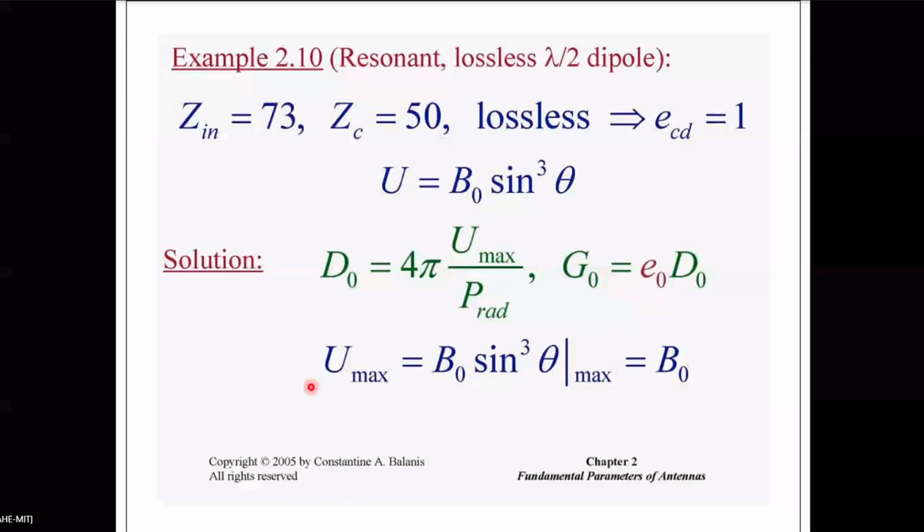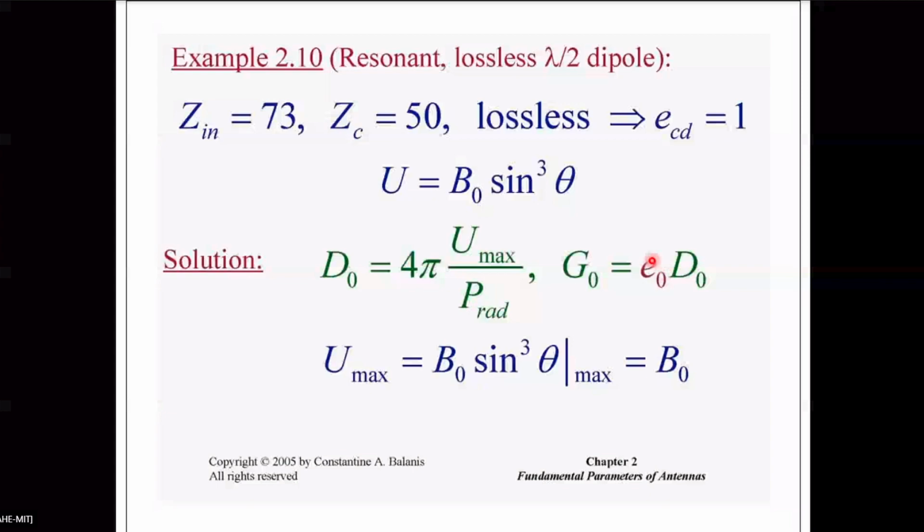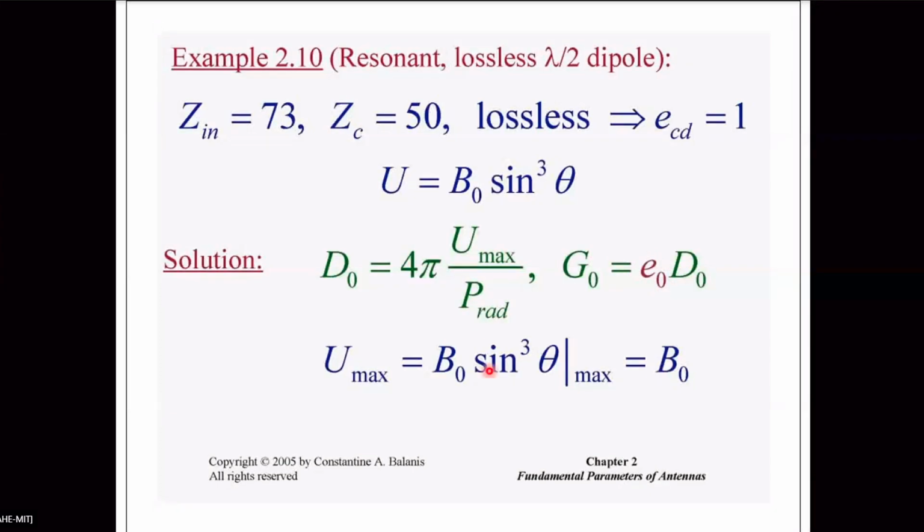So first find D naught using the equation D naught is equal to 4 pi U max by P rad. So what is G naught? G naught is equal to E naught into D naught. E naught has been used here because the impedance of the transmission line and the input impedance of the antenna are given.